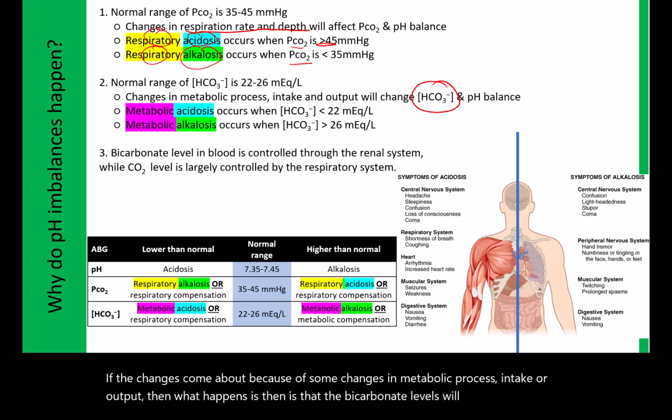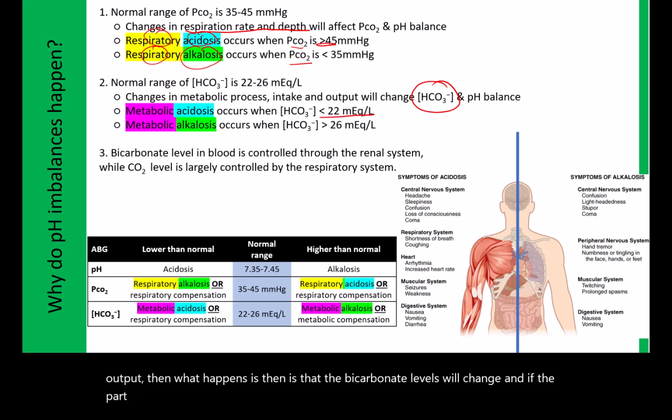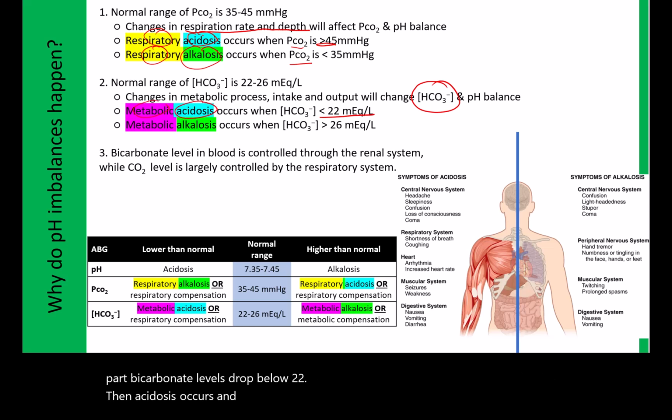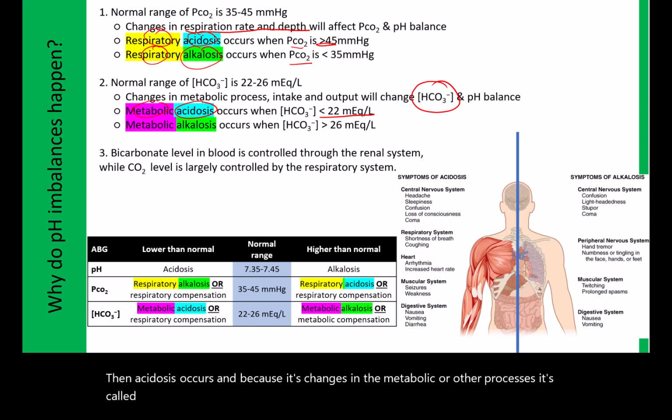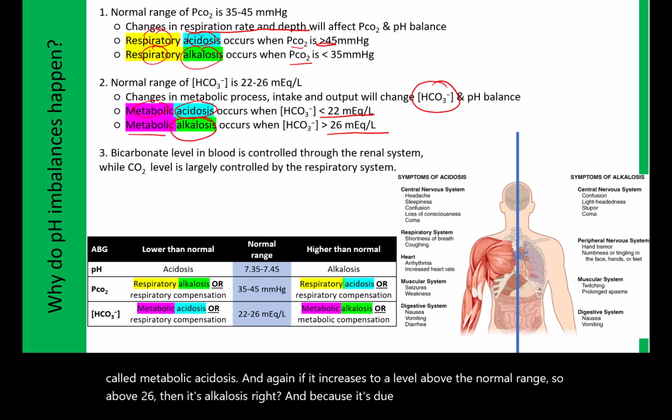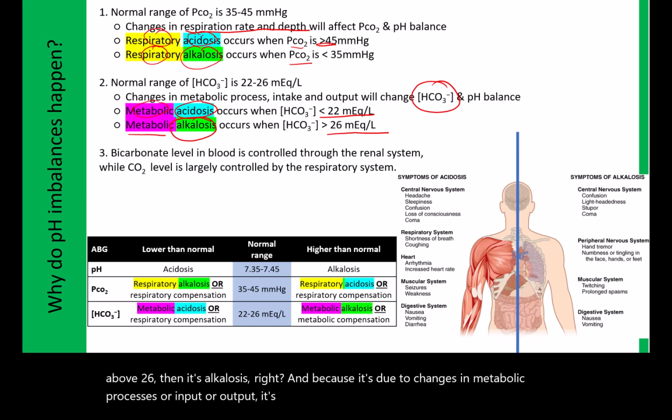And if the bicarbonate levels drop below 22 units, then acidosis occurs, and because it's changes in the metabolic or other processes, it's called metabolic acidosis. And again, if it increases to a level above the normal range, so above 26, then it's alkalosis, right? And because it's due to changes in metabolic processes or input or output, it's called metabolic alkalosis.